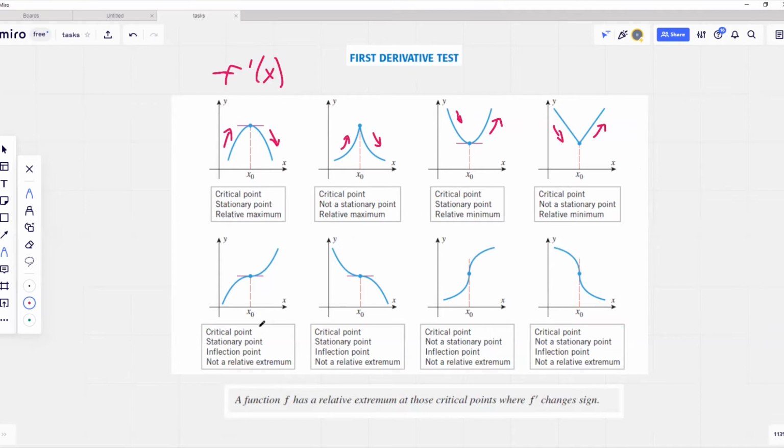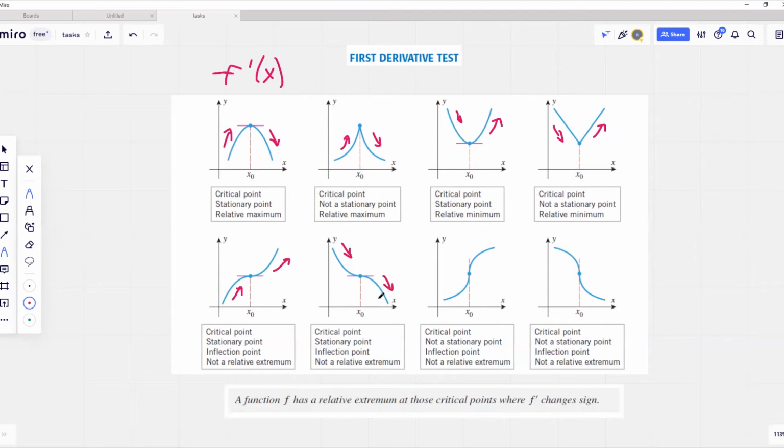And in the second row, we have 4 critical points over which f prime doesn't change its sign. So in the first case, our function is increasing up to x0, and it still keeps increasing after x0. In this graph, we again have a stationary point at which our function is decreasing up to x0, and it keeps decreasing after x0.